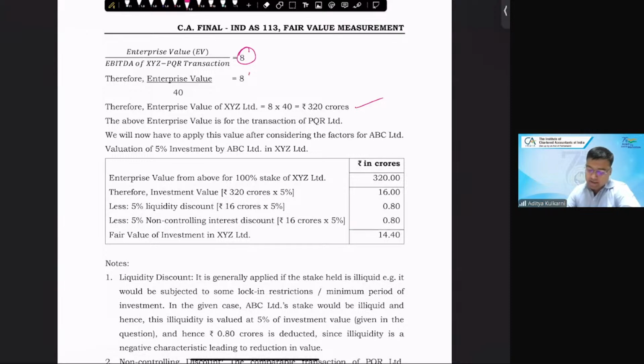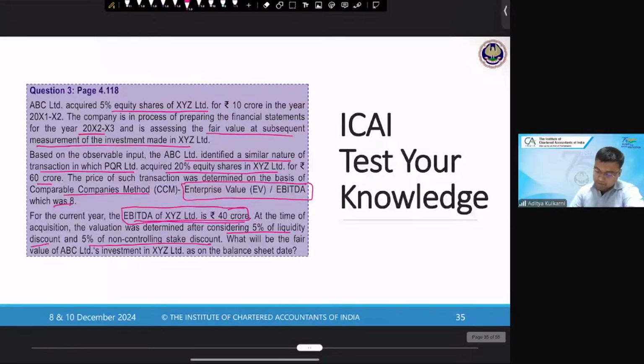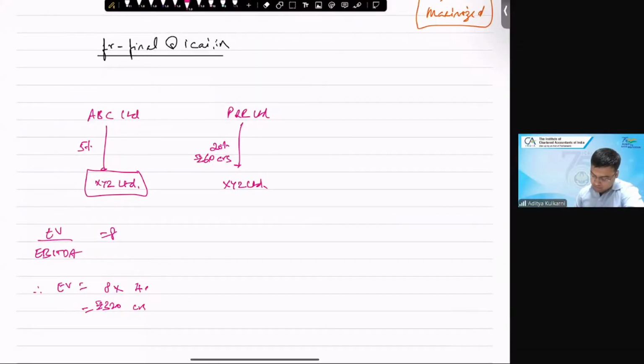Are you able to understand? This is your enterprise value. Is there any doubt till here? No, sir. All clear?